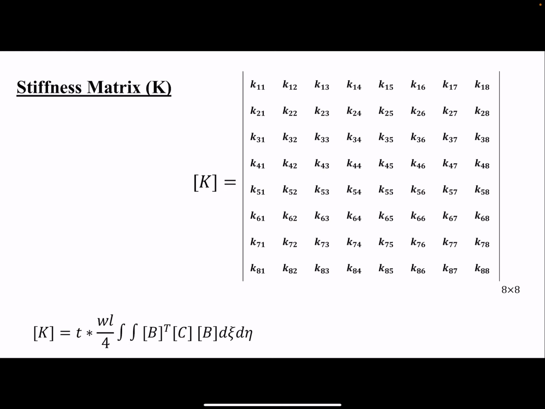And that's how the stiffness matrix will be formed. And this is the stiffness matrix for only one linear quadrilateral element. Once we have the stiffness matrix, then the procedure is the same.